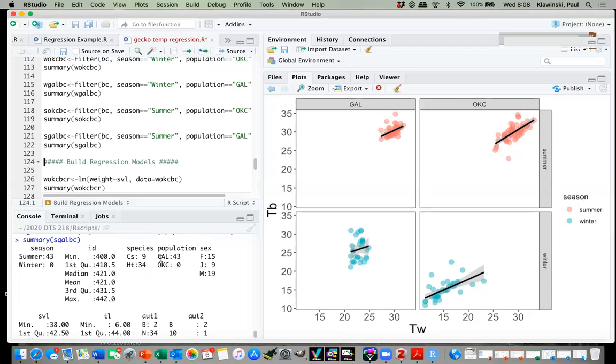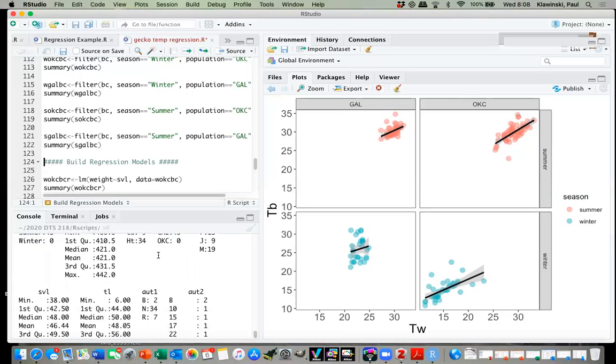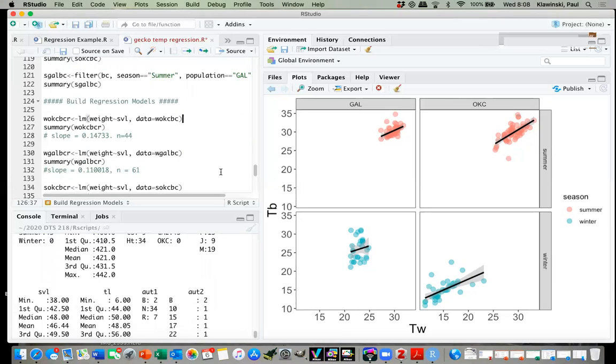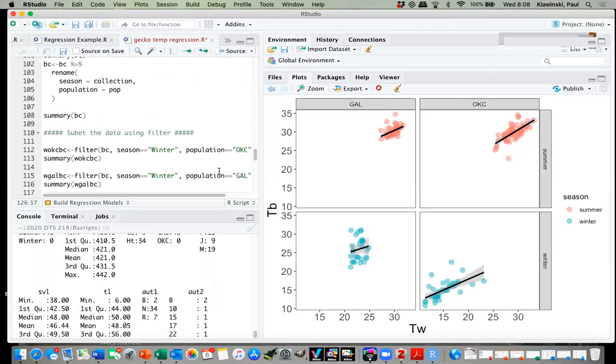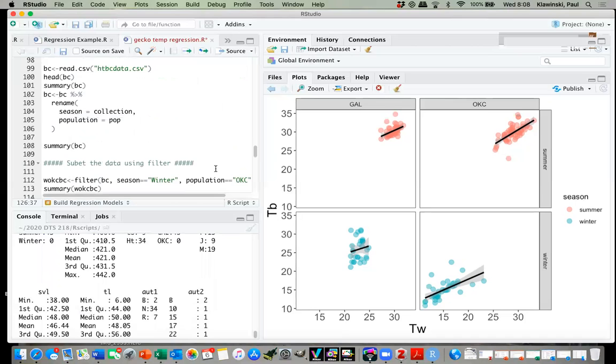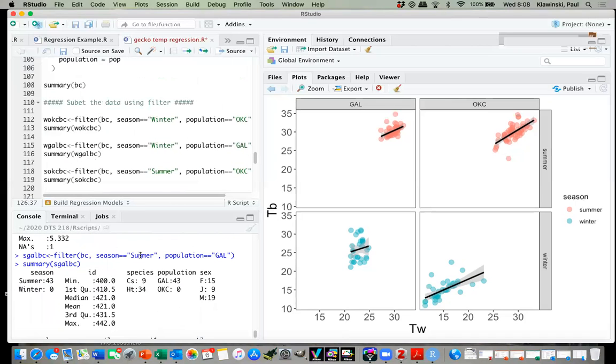So when we look at these data, there's a problem that I hadn't foreseen.